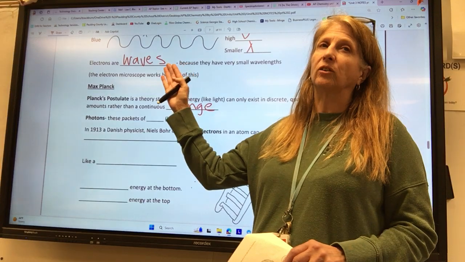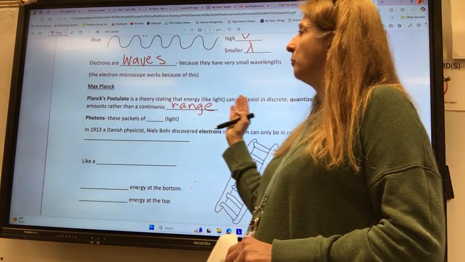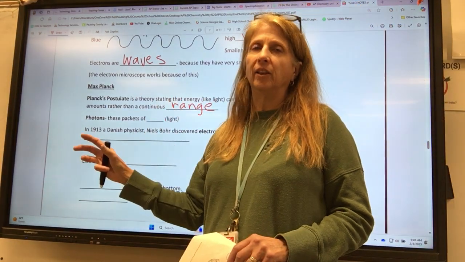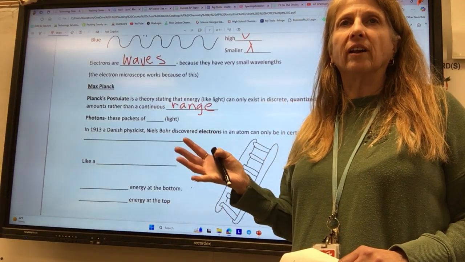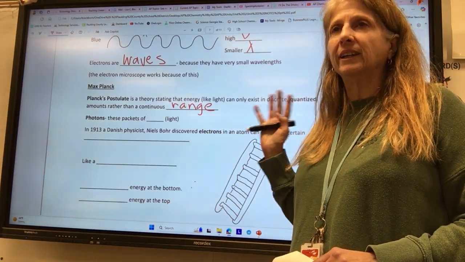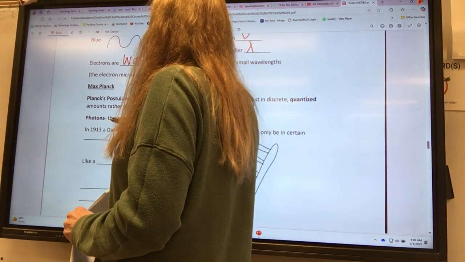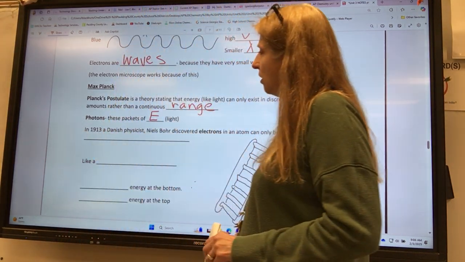Just like how electrons have a dual nature of being like a wave and like a particle, light has a dual nature of being in these discrete packets and in waves. It's a little hard to understand, but these things just have a dual nature. Photons are what these packets of light energy are called.